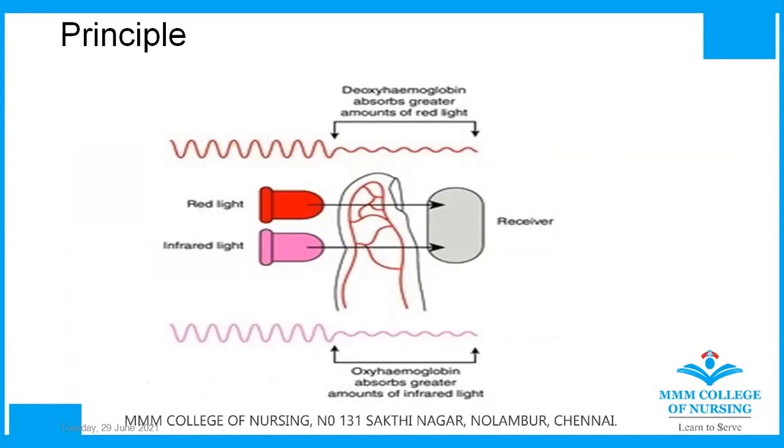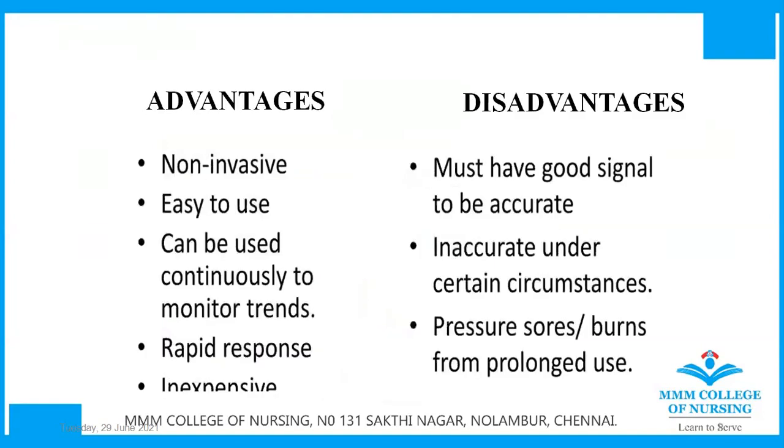The oxygenated hemoglobin absorbs a greater amount of infrared light, and the deoxyhemoglobin absorbs a greater amount of red light, which is being received in a receiver, and which sends a signal to the monitor, which displays the saturation level of the oxygen in the capillaries.